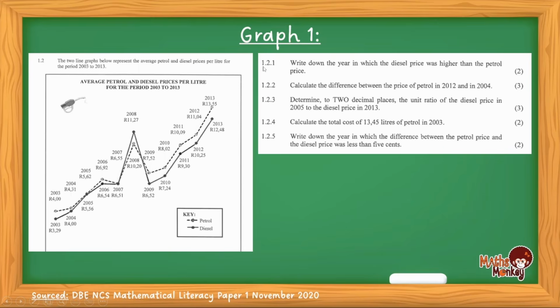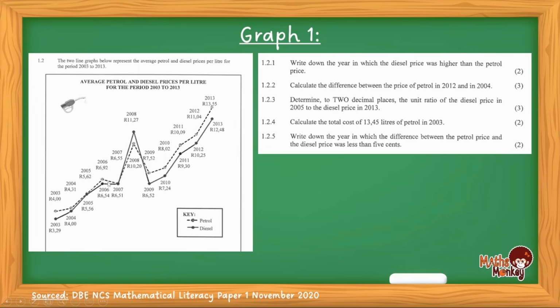So I read 1.2.1. Write down the year in which the diesel price was higher than the petrol price. Okay, so diesel is the solid line. So if I look at the graph, where it's higher means where it's above. Throughout 2003 to 2013, you'll see that the solid line is mostly at the bottom. There's only one point where the solid line is actually on top of the dotted line, right?